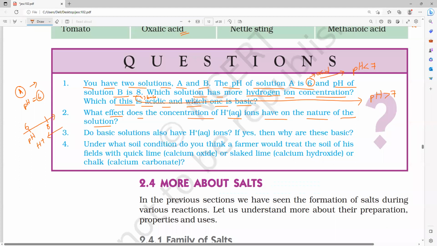Weak acid or strong acid? Strong acid. As H plus concentration increases, acidic strength increases. Write it: the acidic strength is directly proportional to the concentration of H plus ions. Write neatly. Very important.